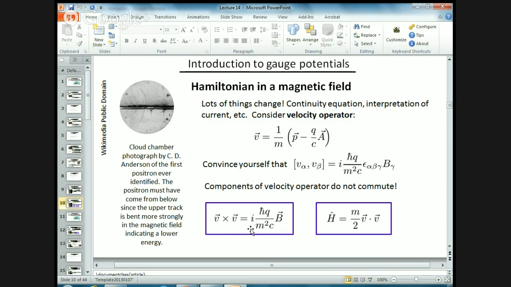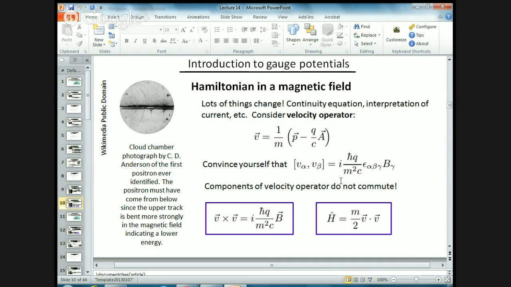This one is imaginary, and it's proportional to Planck's constant, so it goes to 0 in the limit that h bar goes to 0. That's the classical limit, as it ought to, and it goes to 0 as the magnetic field goes to 0. There's a lot in this equation. In fact, as I'll show you, this is like the explanation of everything.